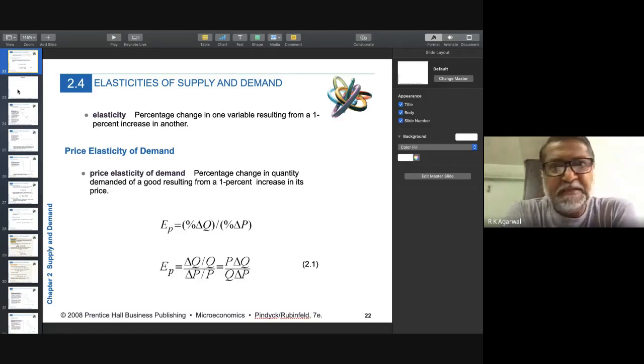Now, if price goes up from 100 rupees to 110 rupees and other things remain the same, we know that the demand for chocolates is likely to fall. But by how much? Will it fall by 10%? Will it increase by 10%? Will it stay the same? Or will it fall by less than 10% or more than 10%? That is exactly the gap that price elasticity of demand fulfills.